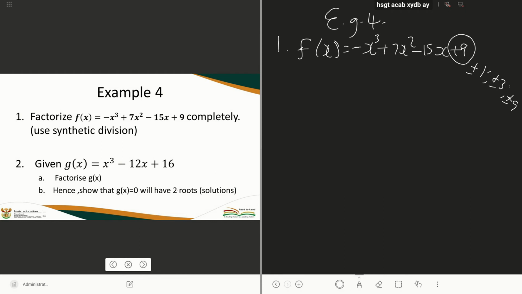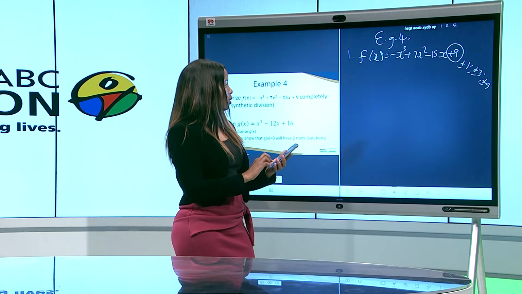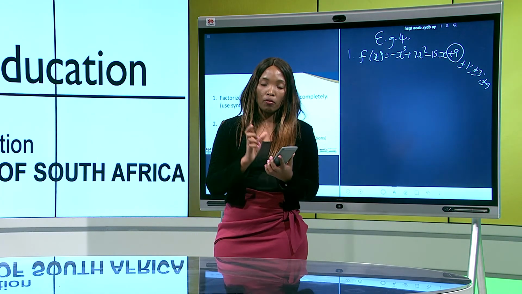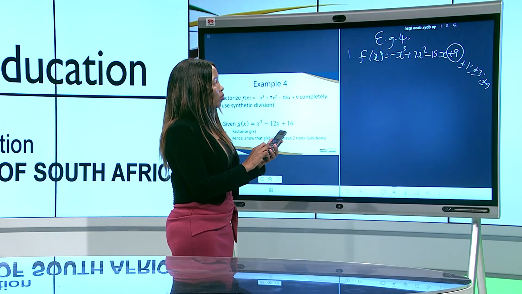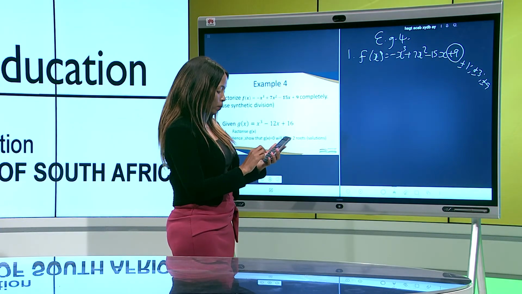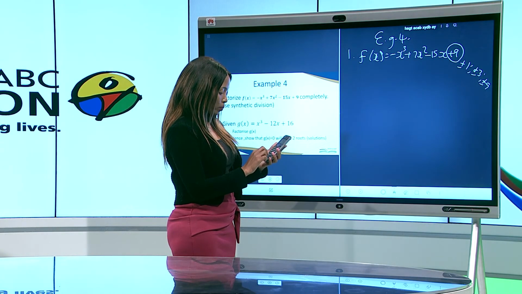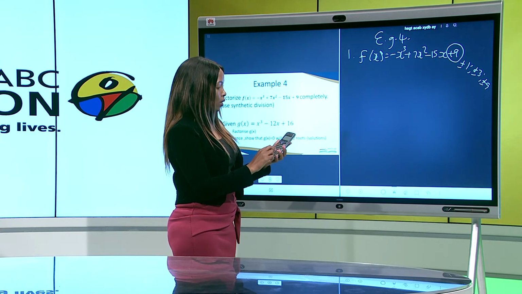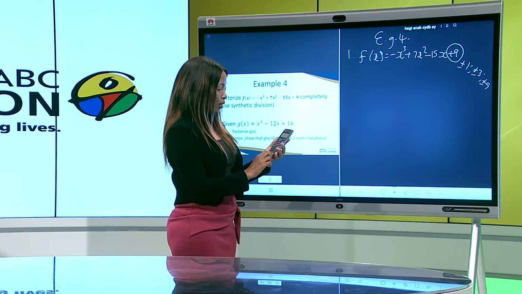Then what do we do from here? You use your trial and error method. Even if you don't write all your workings, you just need to find the remainder of 0. When you get the remainder of 0, that particular value will serve as your factor. Let's start with positive 1: positive 1 cubed plus 7 into positive 1 squared minus 15 into positive 1 plus 9.